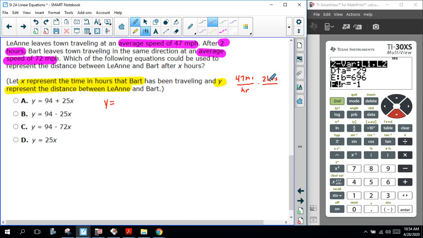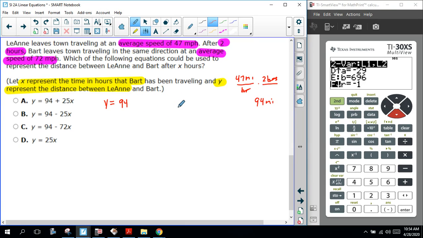So the hours would reduce out, I would multiply, and the 47 times the 2 means that Leanne has a 94-mile head start. So y, the distance between Bart and Leanne, starts out at 94 miles.